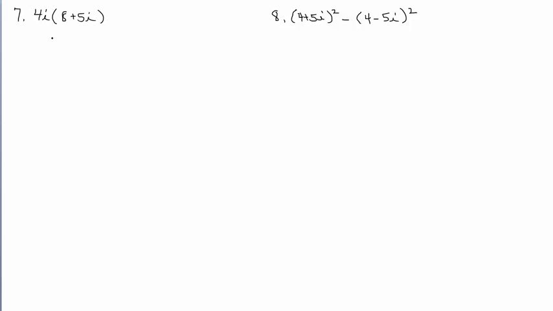Continuing where we left off, we have two more examples of working with complex numbers. All right, for number 7, the problem suggests that we might want to distribute the 4i into the parentheses.